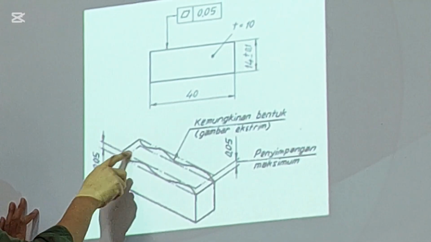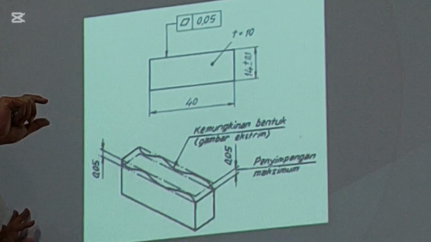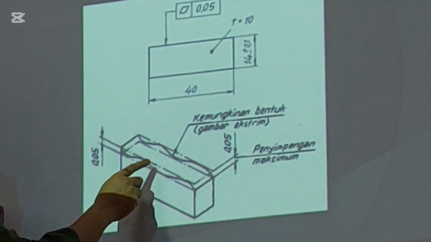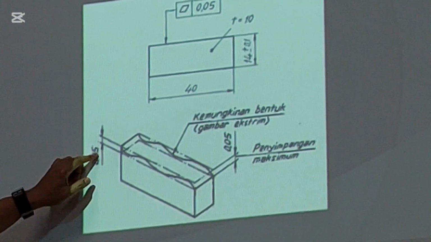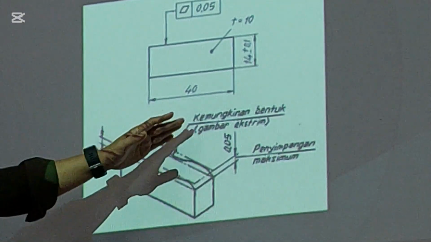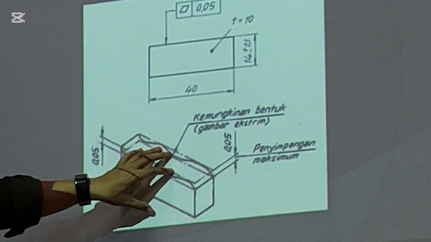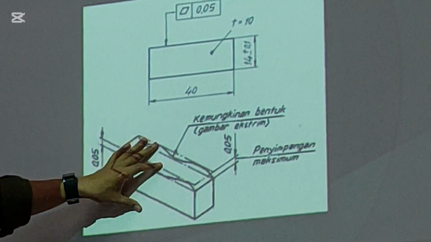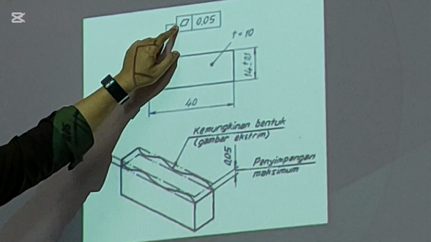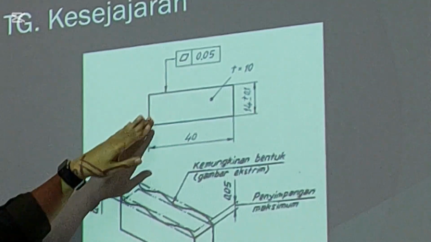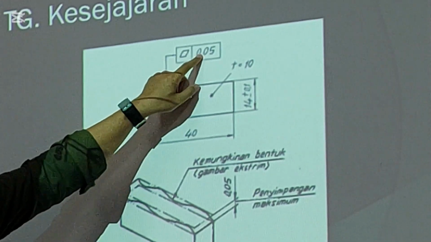So if you measure the wavy length and it is more than 7.75, this is a reject. We cannot use these things because we already set the tolerance. Surface straightness is 0.05.